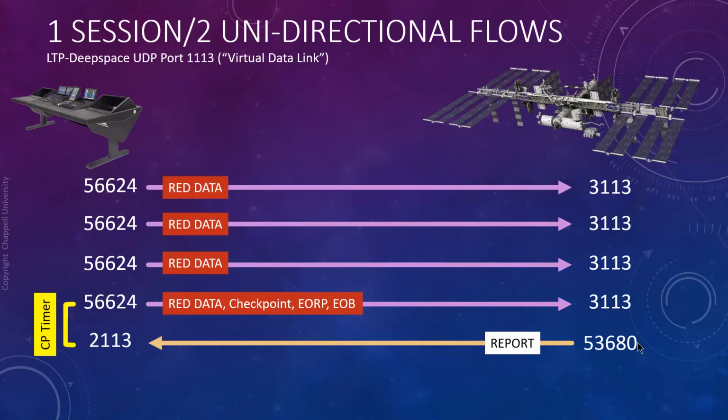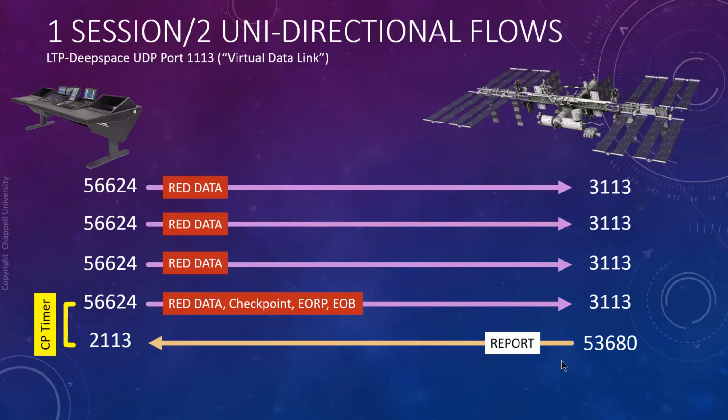When the report does come back, you'll notice that it will come back from a different set of port numbers. It's unidirectional on each pair of port numbers. So we can't receive data on port 56,624. We're sending data on that one. We can only receive stuff on a different port number.